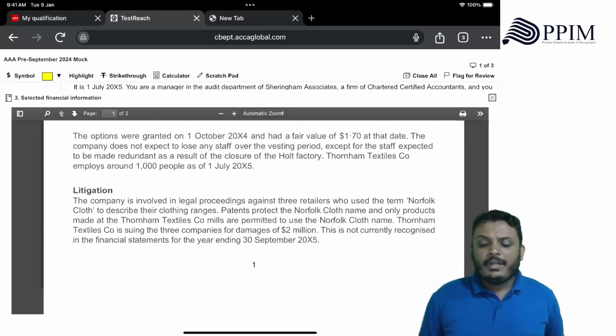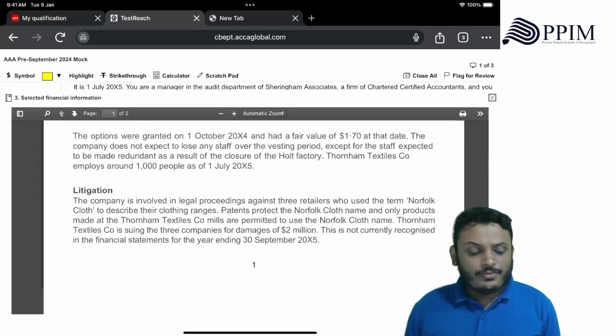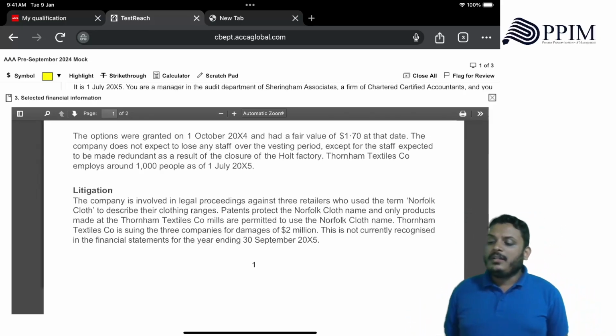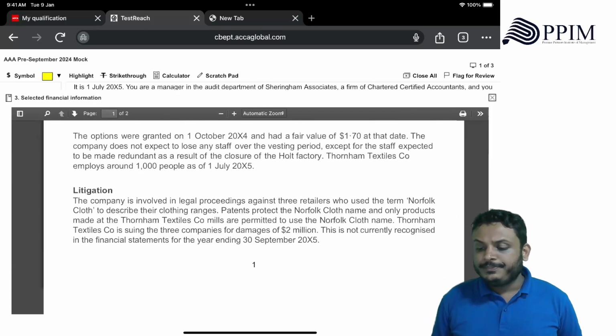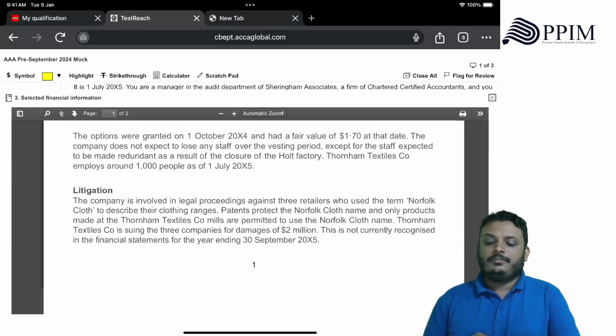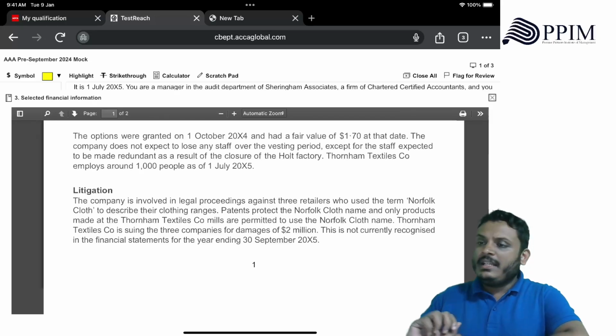Tonham Textiles Company is suing the 3 companies for damages of 2 million. This is not currently recognized in the financial statements. Right? Contingent asset.